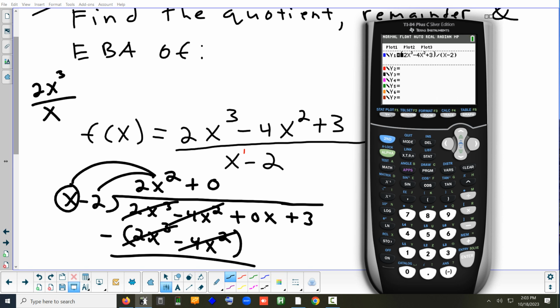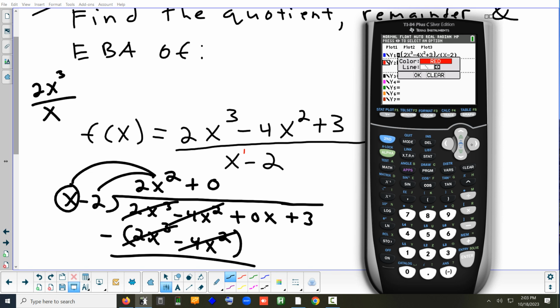The other thing I'm going to do is in y2, I'm going to put the EVA. It was 2x squared. And you don't have to do it this way, but I want to make it a thin dotted line, because the thinner I make it, the easier it's going to be to show you something. To make it a dotted line, I can highlight the color, hit enter, and then I can change the color, or I can press the down arrow, and then I can change what kind of line it is.